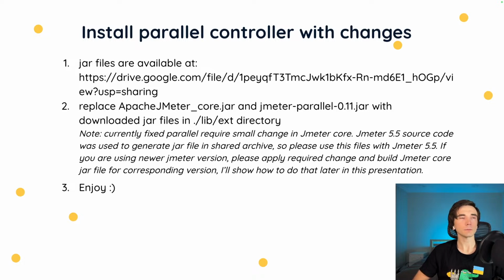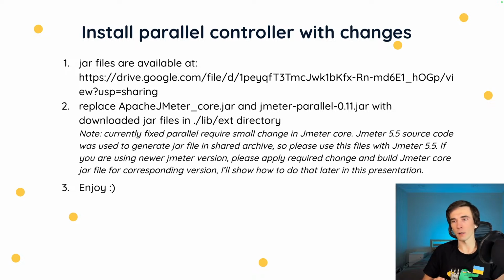Let's say I have seen some pull requests in their repository that parallel controller is not working in JMeter 5.6, just because in JMeter 5.6 there were some incompatible changes with the current parallel controller implementation. Parallel controller is heavily dependent on the actual classes and methods implementation from JMeter core. So if JMeter devs change something significantly in the core, something may break in parallel controller.